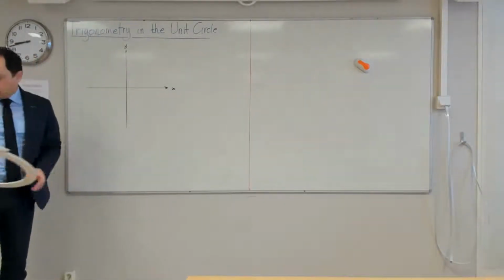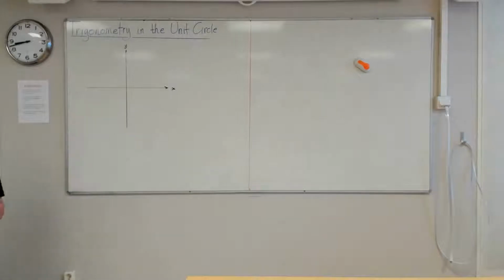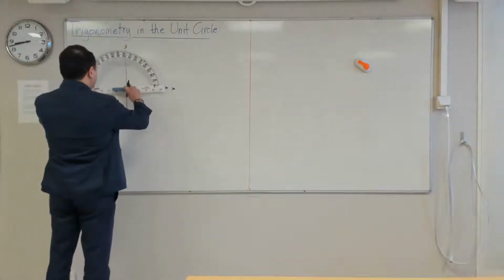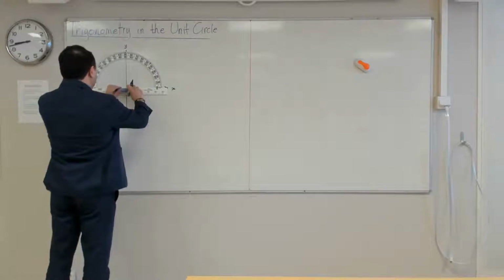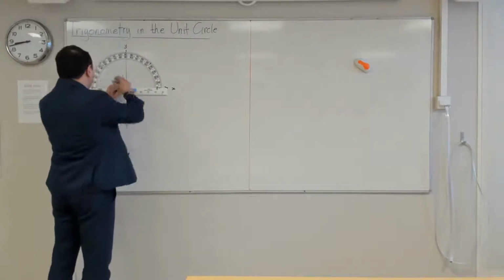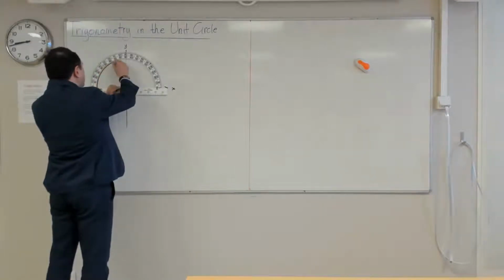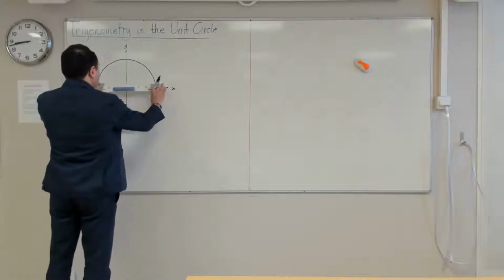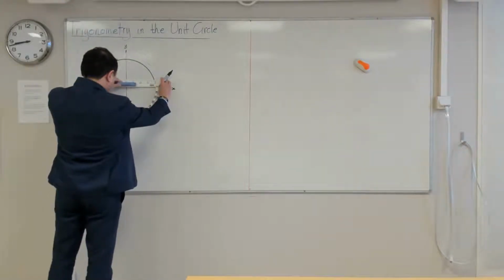When we talk about the unit circle, we mean a circle whose center is at the origin. Let me see if I can draw a nicer picture using this protractor. So when I talk about the unit circle, I mean something like this.